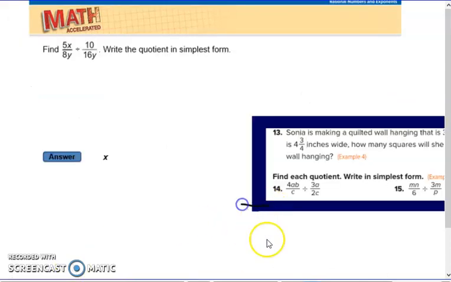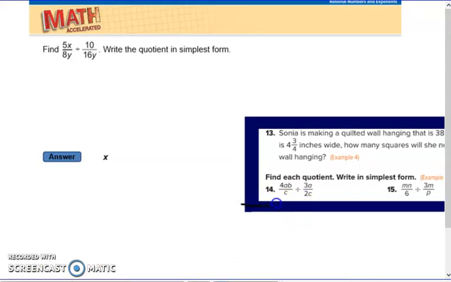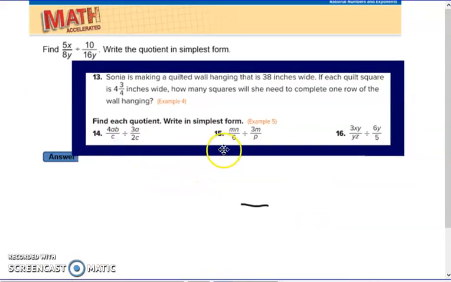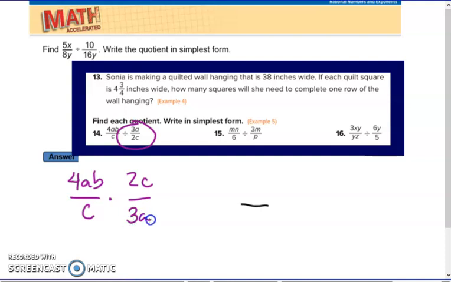Let's take this out here and look at some problems that we have. Let's look at number 15. Oh, this one looks, I think, a little bit more intimidating. So we've got 4ab over c, and I'm going to flip the second one and multiply, times 2c over 3a.